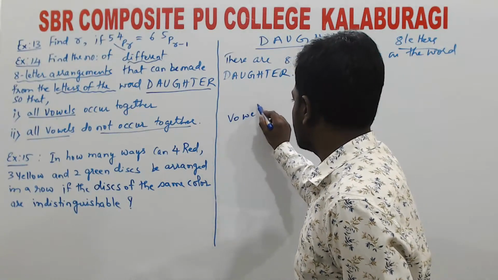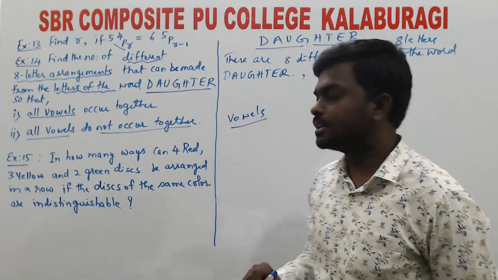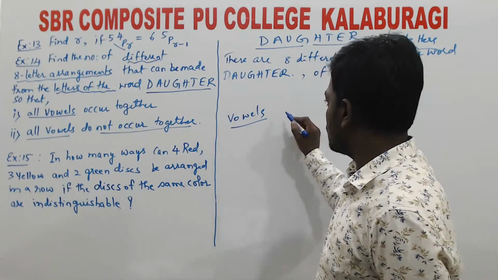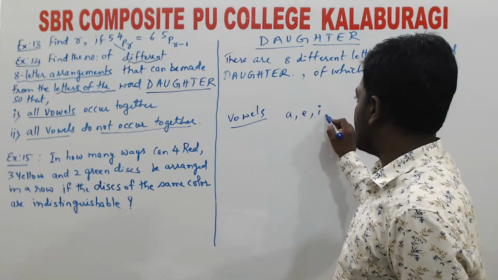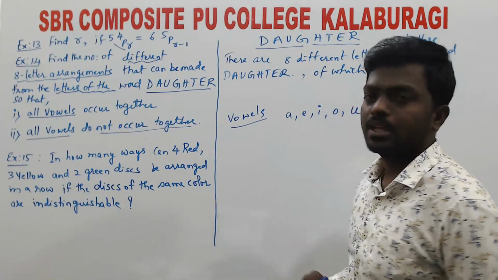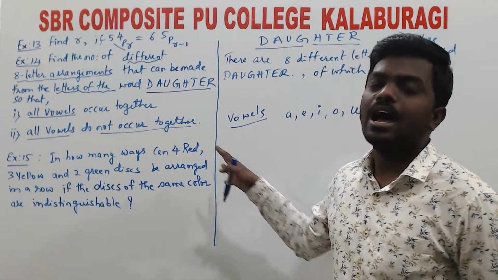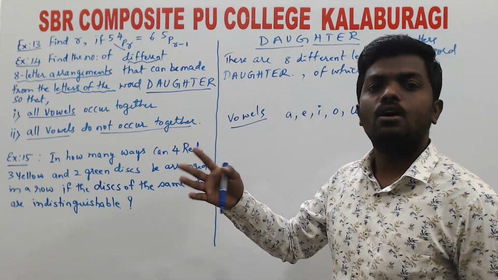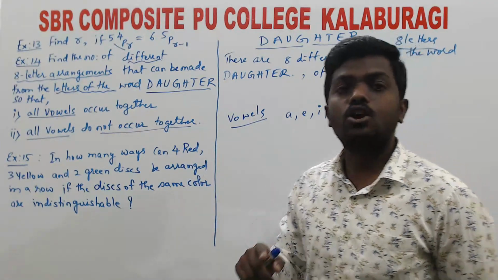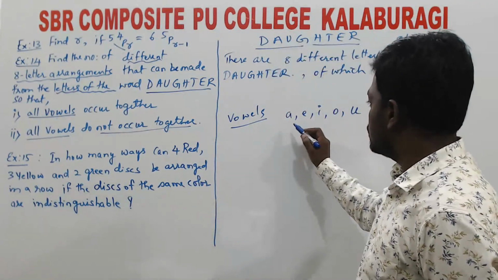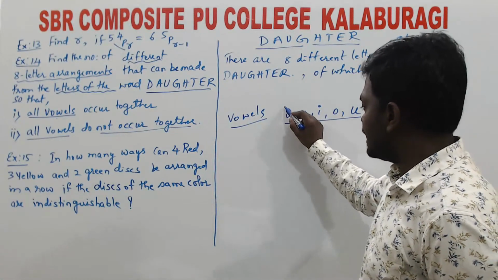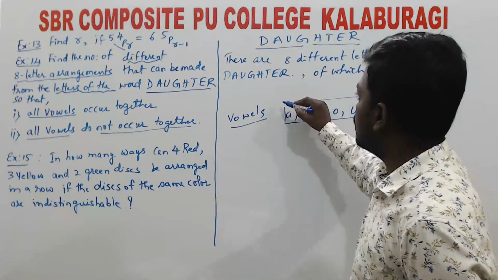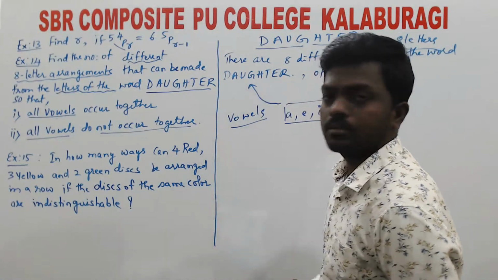Vowels, you have been studying since long back. Vowels are letters comprising A, E, I, O, U. These 5 letters are called vowels. The rest are consonants. Is that clear, students?